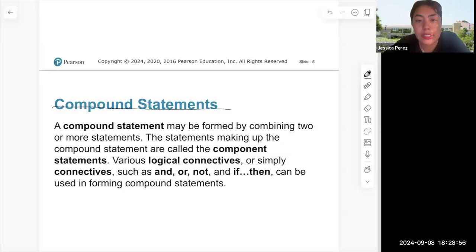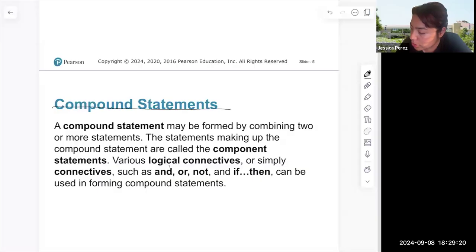What are connectives? Words such as and, or, not, if, and then. These can all be used in forming a compound statement. In this recording, we're going to see different types of statements, both compound and simple statements. So we are going to move on to the next slide.